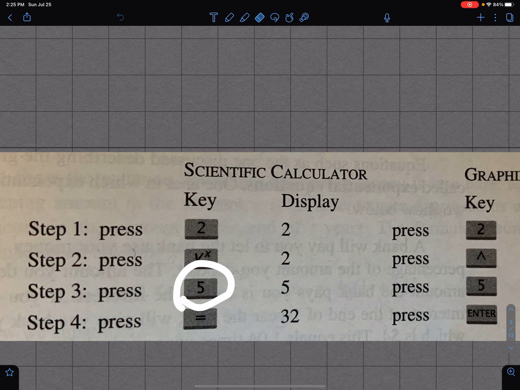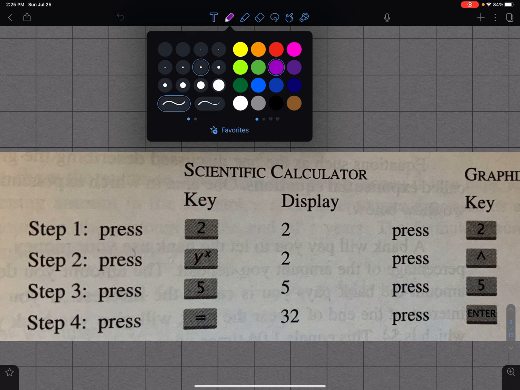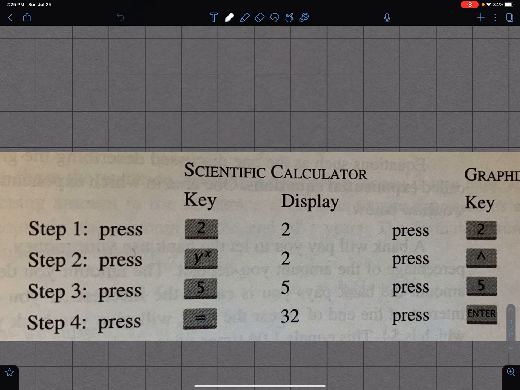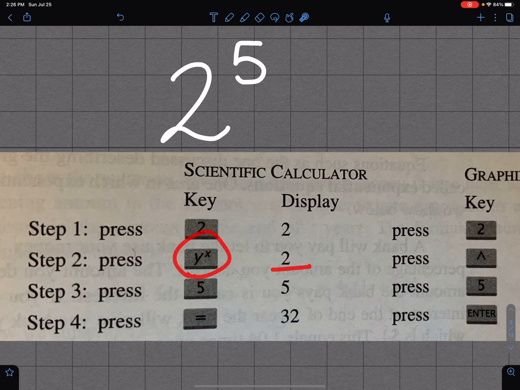And then you do the 5. Because remember, the problem is, I'm going to write it here so we can see it on the same, 2 to the 5th. Okay, so you push a 2, this is what the display shows. You push y to the x, the display still shows this. Then you push your 5, and then you hit equal. And if you did it correctly, you should get the number 32 for your answer.